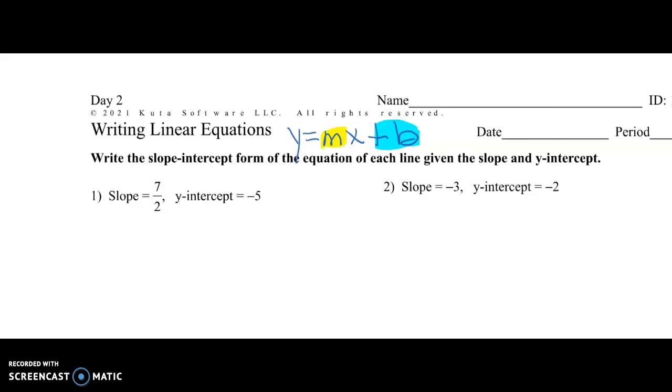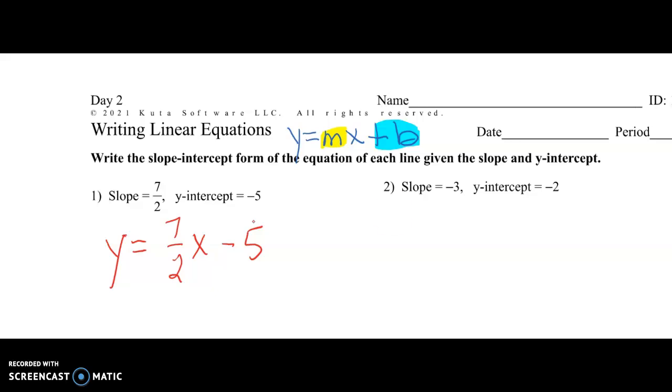So for examples like 1 and 2, when you are given the value of the slope and the value of the y-intercept, writing those equations is just like taking those values and simply dropping them in. So again, we're going to follow the y equals mx plus b format. That's slope-intercept. We're going to drop in the value for slope right next to the variable x, and the value of the y-intercept in for b.